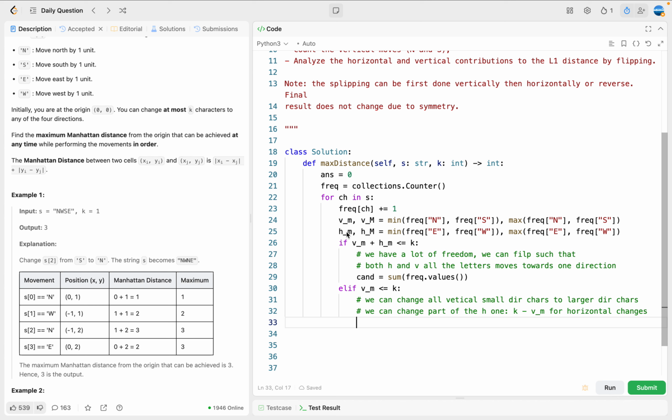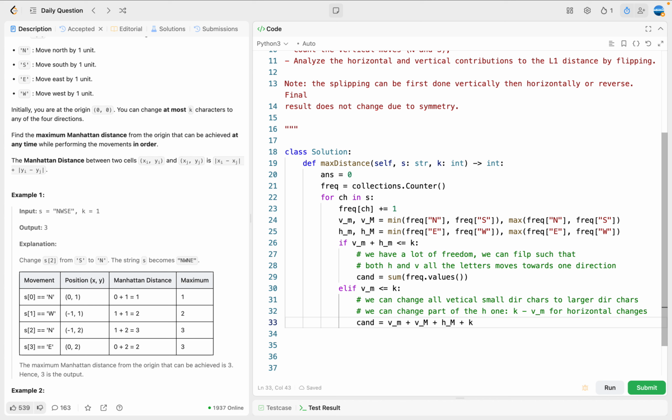Vertically, because you changed all, the candidate will be vertical little m plus vertical capital M, because you can make the vertical direction one direction. And then you can change part of those. And then you have HM, so this is the vertical larger direction. And then for the smaller direction, you can change this, right?